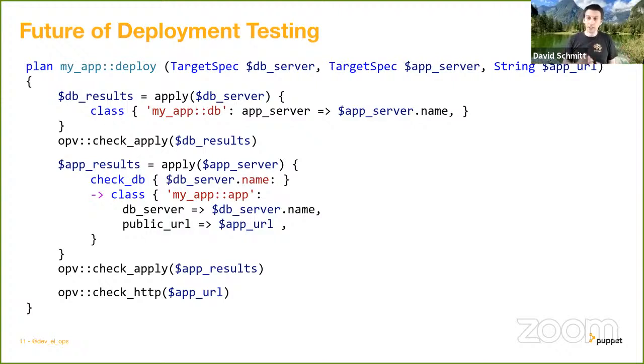That already gives a high degree of confidence that the application is correctly configured. But at the end, another check HTTP call, this time from the node running the plan and not one of the configured nodes, to see if the application is available externally, right?